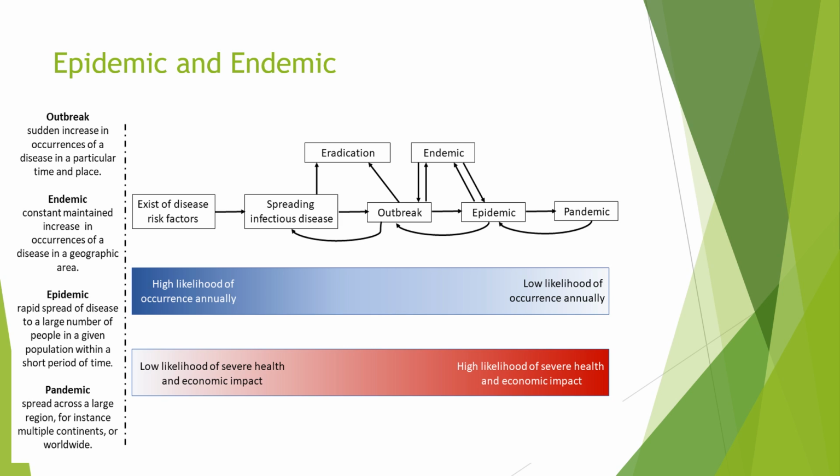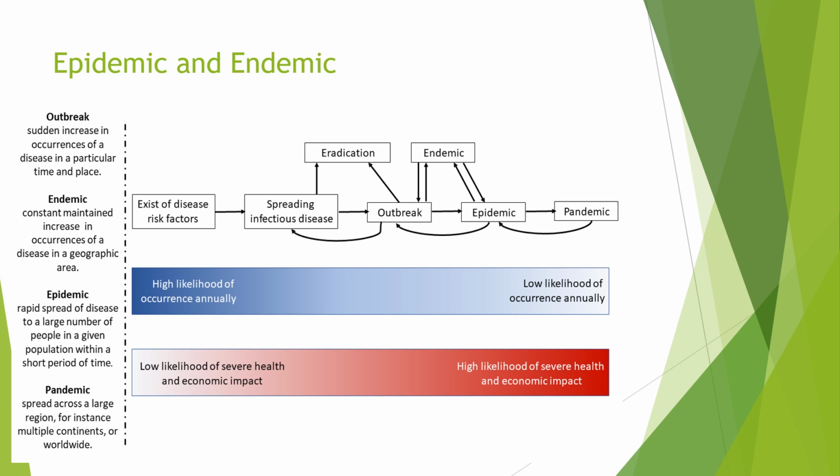And as we see the spectrum of existence of disease, to spread of infectious disease, to outbreak, to epidemic, to endemic, to pandemic, the likelihood of annual occurrence decreases as it goes up the line graph. That is, the pandemic is less likely to occur, in fact having the lowest likelihood of occurring annually.